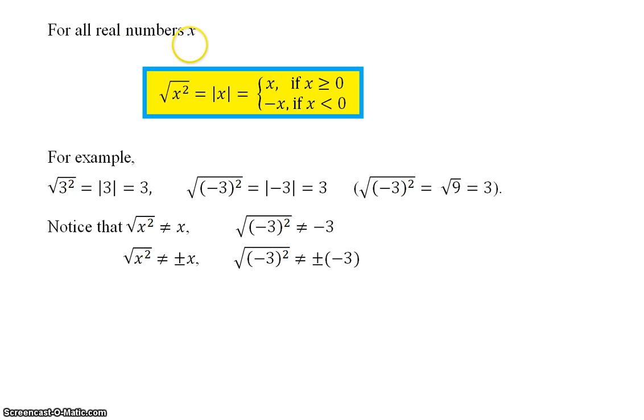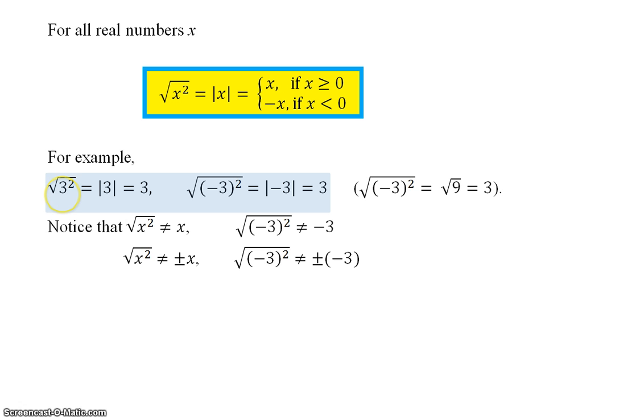For all real numbers x, square root of x squared equals absolute value of x. If x is non-negative, absolute value of x is just x. But if x is less than 0, if x is negative, then absolute value of x would be the opposite number, minus x.